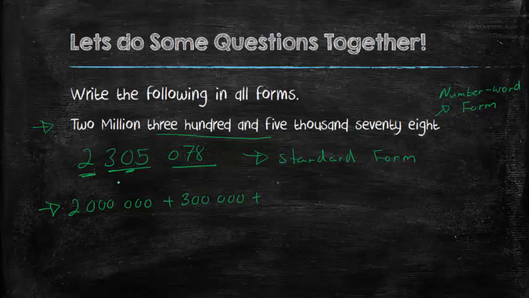So we leave that alone. There's none of that. We've got a 5 in the thousands, so that's 5,000 plus a 0 in the hundreds, so there's nothing there. 7 in the tens, so that's 70 plus 8 in the ones, so that's an 8. So this would be the expanded form.